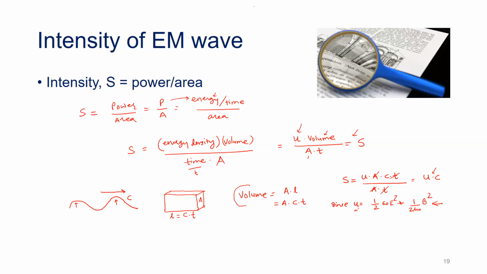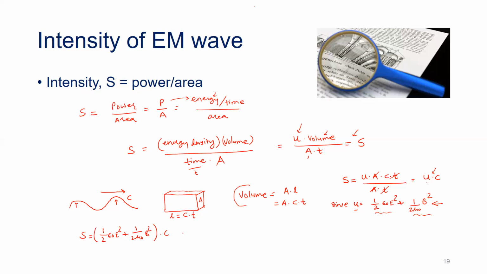The density consists of the energy density of the electric wave plus the energy density of the magnetic wave. So we can further write this expression by putting in the value of U: one half epsilon 0 E squared plus 1 over 2 mu naught B squared, multiplied by c.